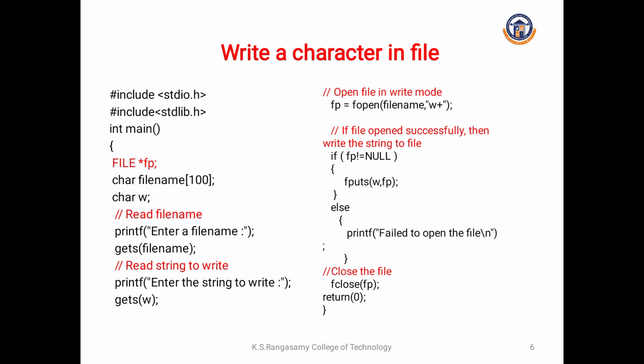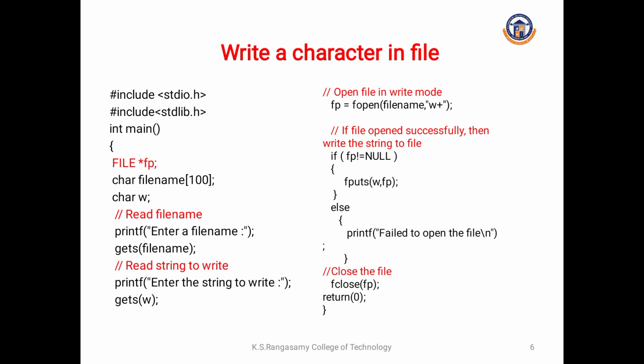In the previous syntax I had stated the file name, right? Here the name of the file I'm going to get from the user. And the character I am going to get is character w. And printf, what is the file name, I have to print it and get the file name. Just to get a string, it is gets of file name. Okay, next, printf write the string into the file.